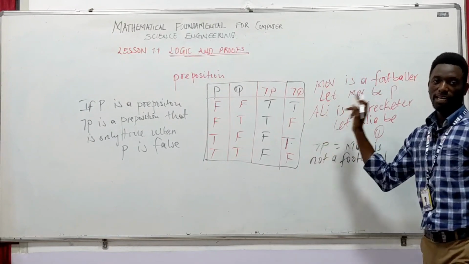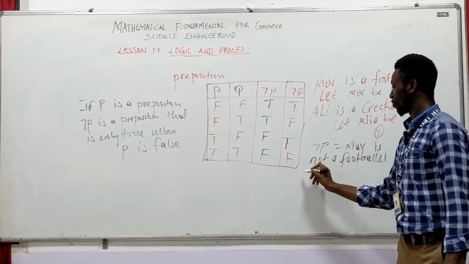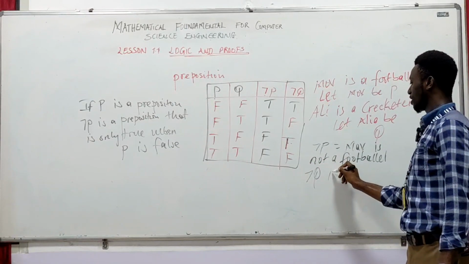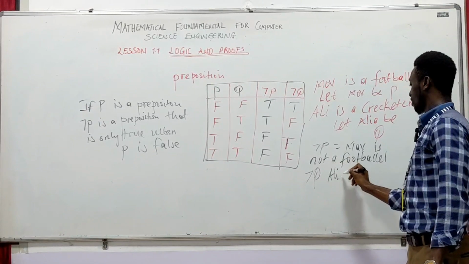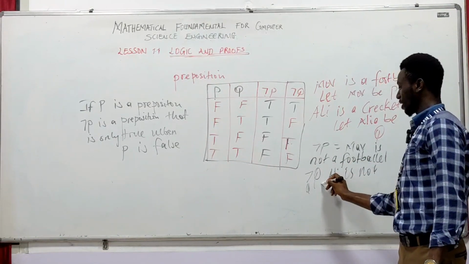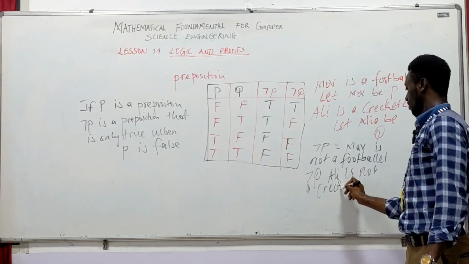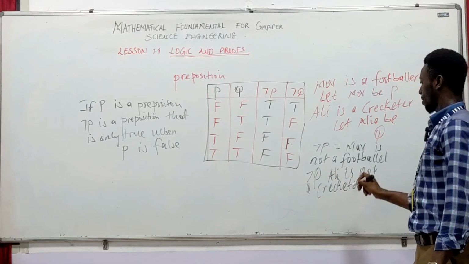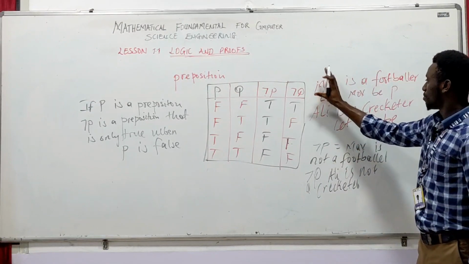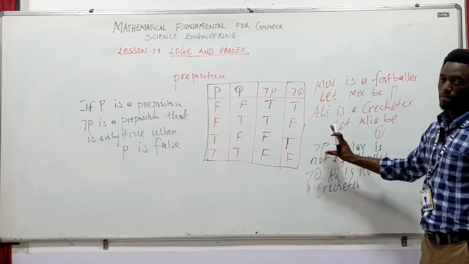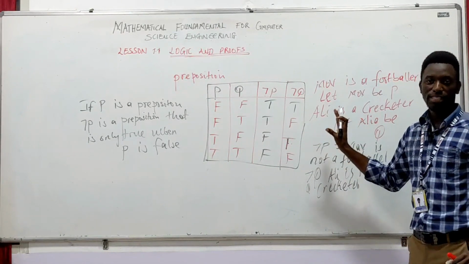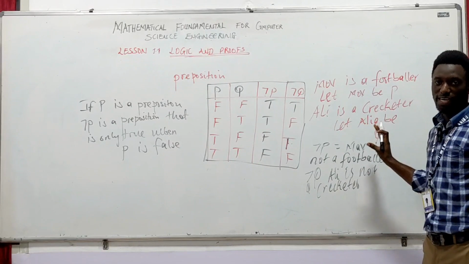If Ali is a cricketer, that's Q, so not Q now will be Ali is not a cricketer. So now, this is very simple. Not P means Mob is not a footballer. Not Q here means Ali is not a cricketer.